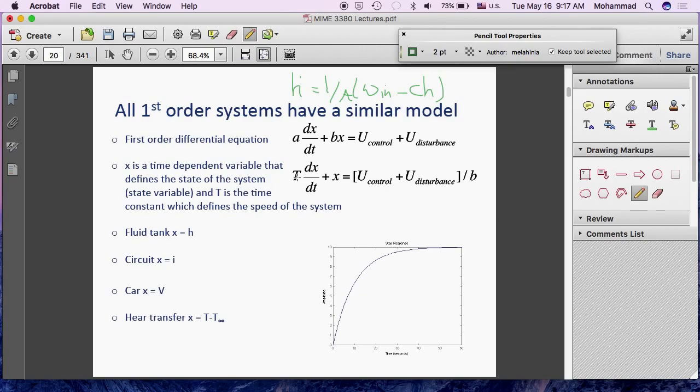So if you take any model you have into the second form, which means making the coefficient of x equal to 1, the coefficient of x dot is a very important property of the system called the time constant. As your first practice, go ahead and find the time constant of the fluid tank. What is the time constant for the fluid tank?